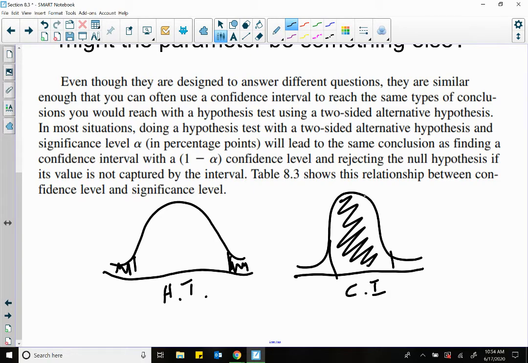If your null hypothesis is in here, then you're going to not reject the null hypothesis. But if that null hypothesis was outside of this, then that's where you will reject. So you can see that it's kind of like the yin and the yang to each other. The hypothesis test is the outside of the center of our confidence interval that we would shade. All right.